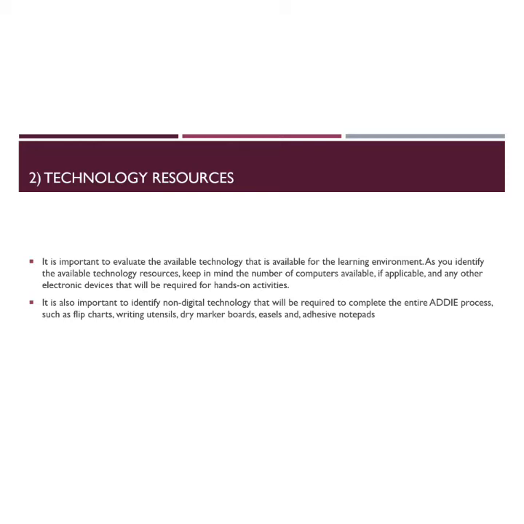It is also important to identify non-digital technology that will be required to complete the entire ADDIE process, such as flip cards, writing utensils, dry marker boards, easels, and adhesive notepads.